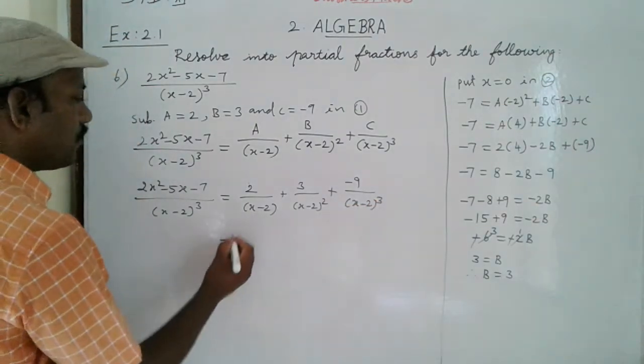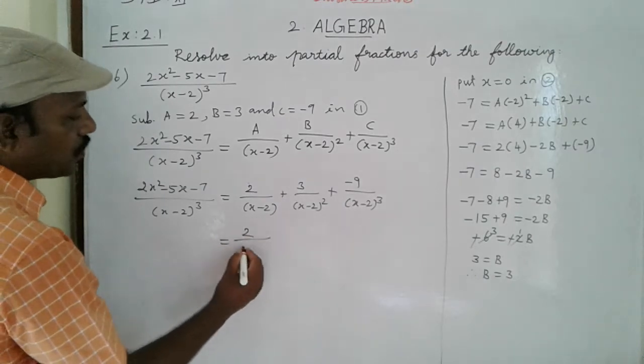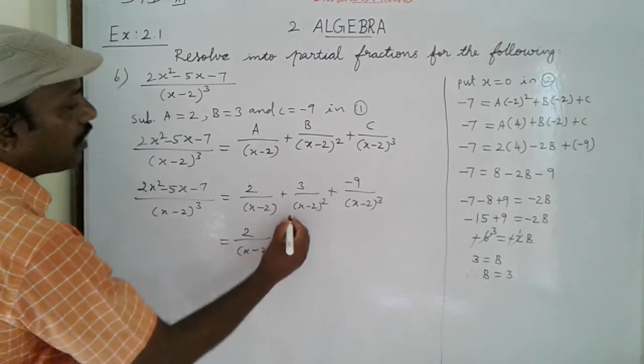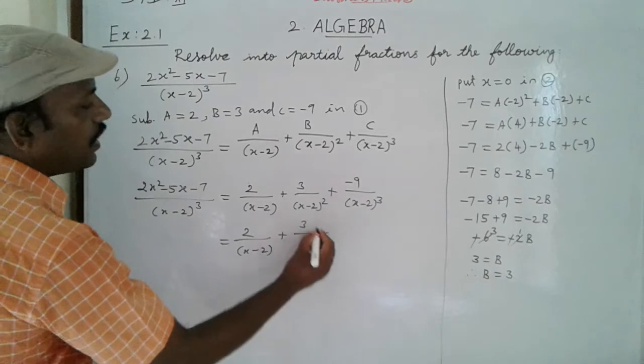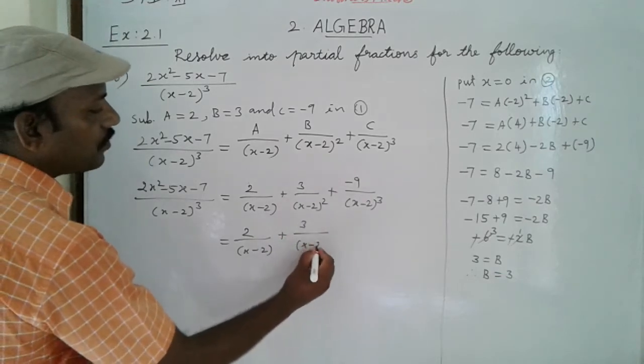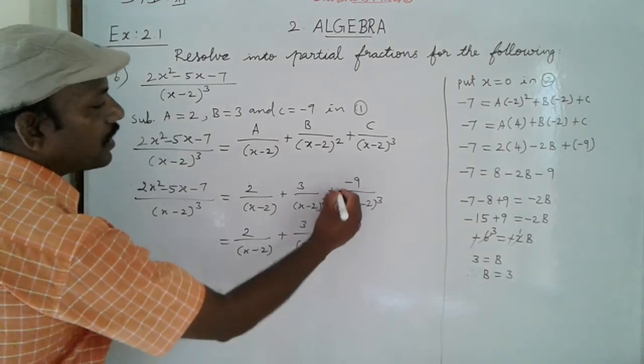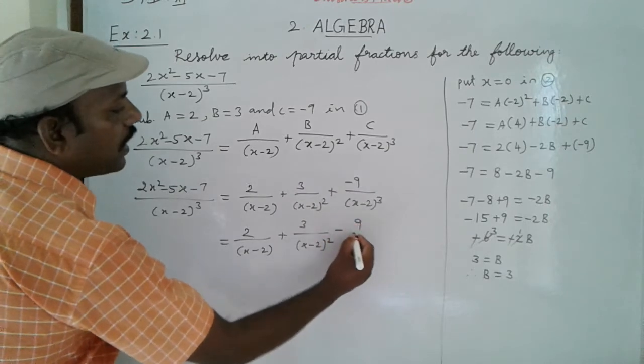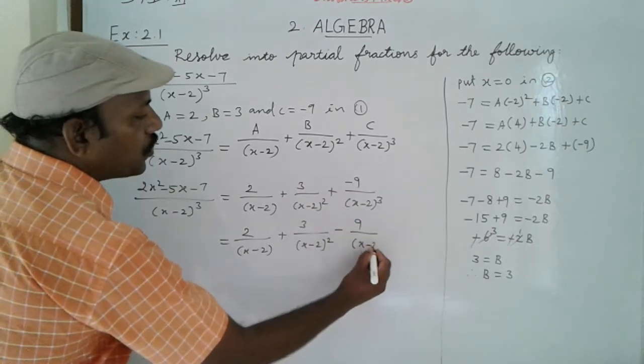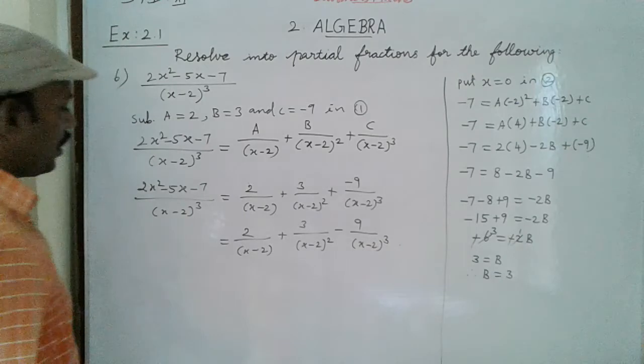So we write 2/(x − 2) + 3/(x − 2)² − 9/(x − 2)³. That's all.